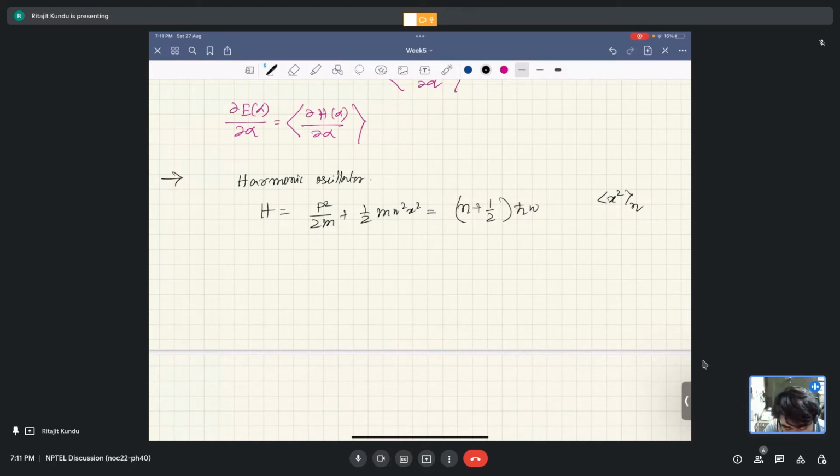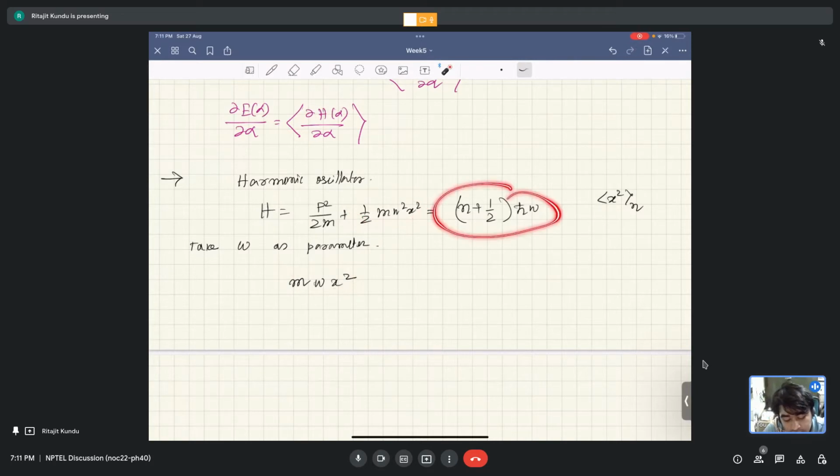So what we can do is take omega as a parameter, and then take derivatives with respect to omega on both sides. The first term becomes m omega x squared; this term comes from here after taking the derivative.